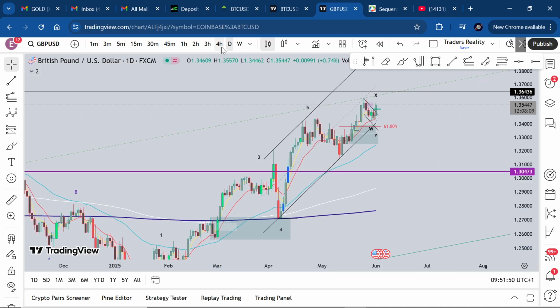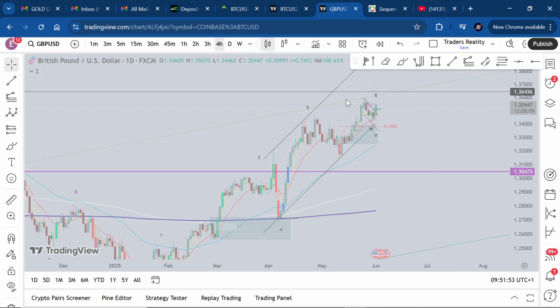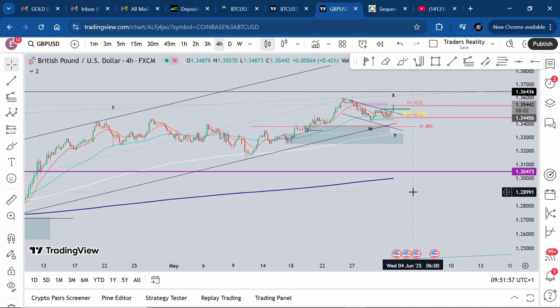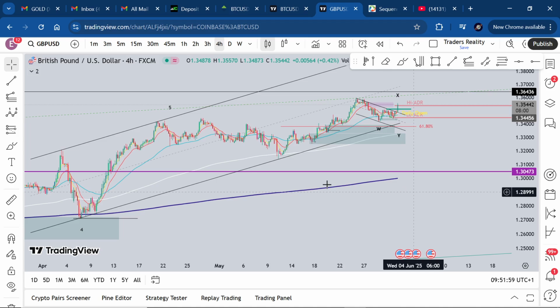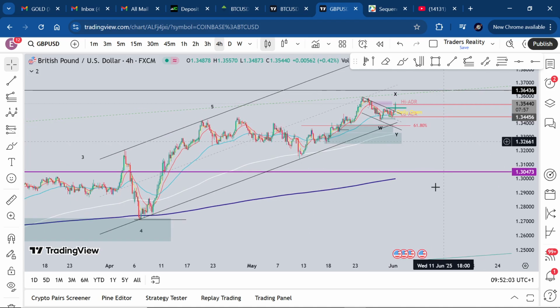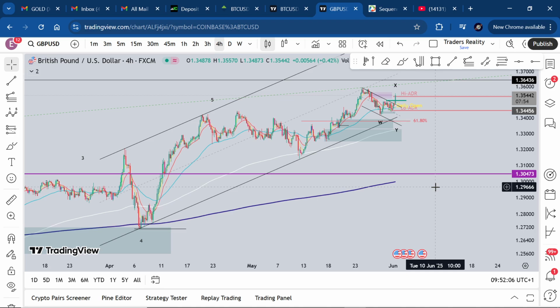Drop down to the 4-hour time frame. Where my 5 is, I'm considering potentially as a 1. It's not my favorite look for the count, but the bottom line is which way do I believe we're going? And I believe we are going to the upside. We need a count to give us an idea of how much we could extend to the upside.